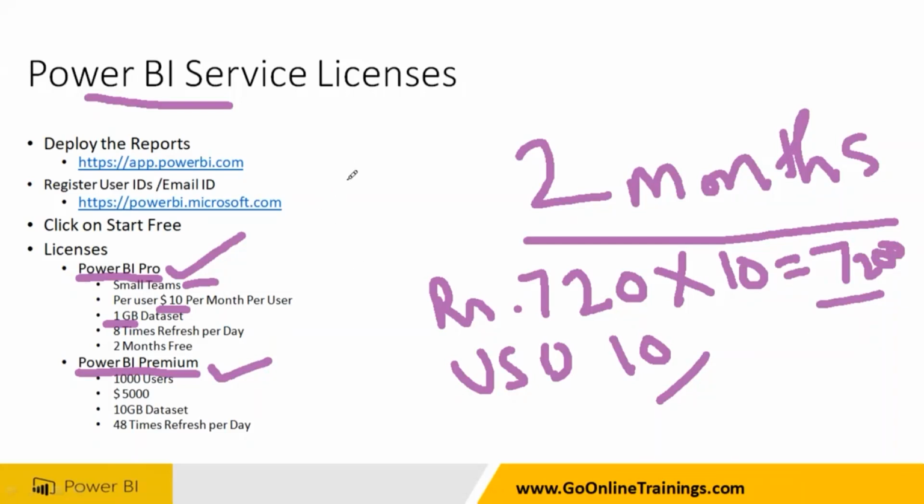My data is approximately 500 KB every month, so approximately 50 MB per annum, not more than that. So for a small team like me, I can go for Power BI Pro. Per month, I am going to pay $10 USD. It is not Canadian dollars, it is American dollars. That is what you need to understand.